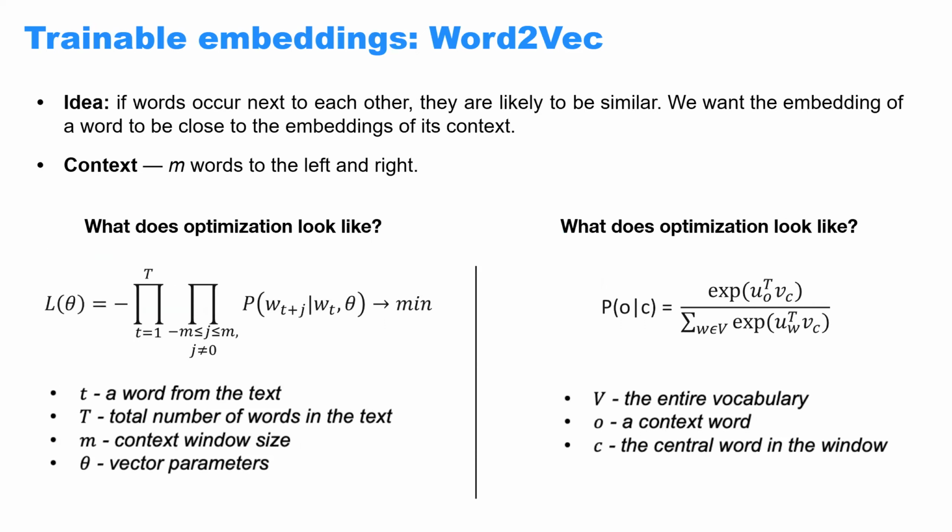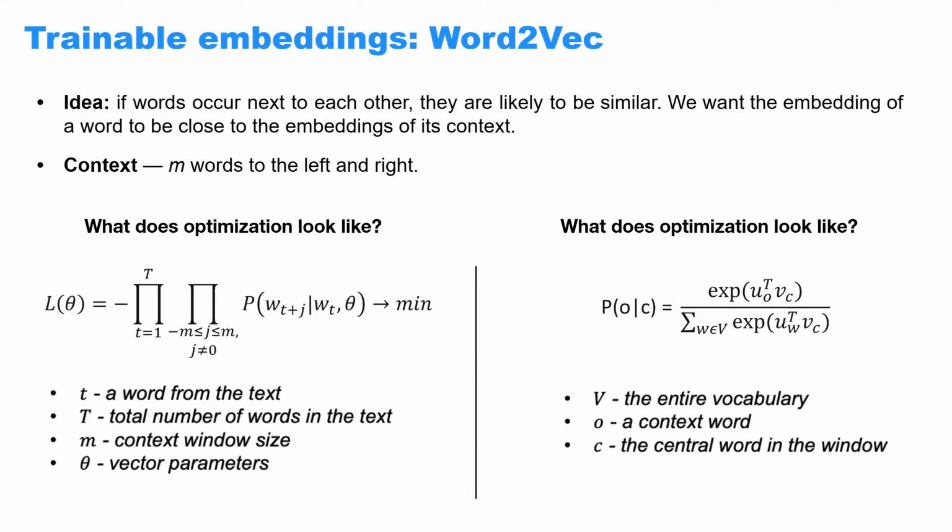So how does it work? We want to predict the probability of every context word if we know the central word. And theta are the parameters of our trainable vectors.